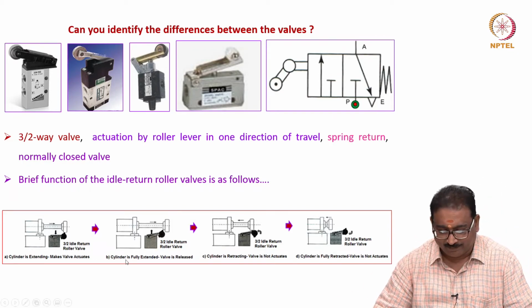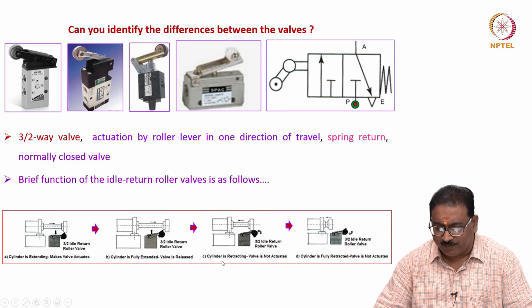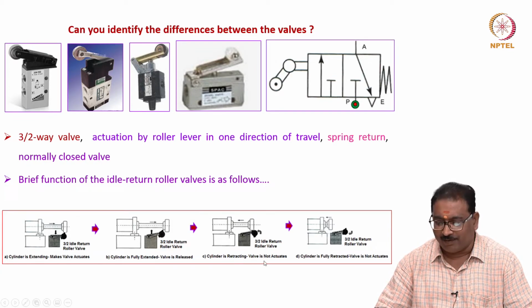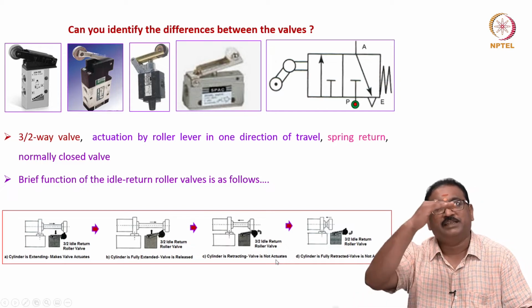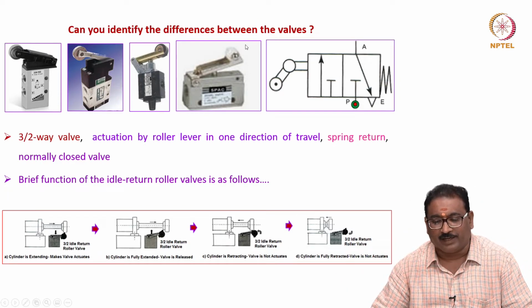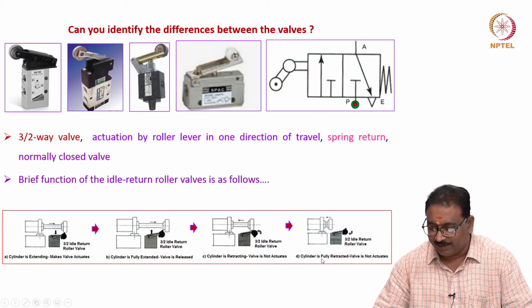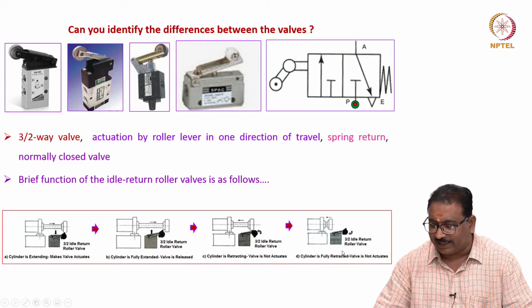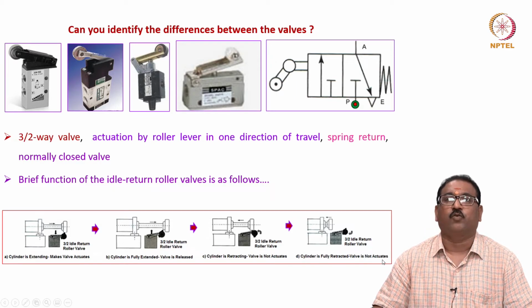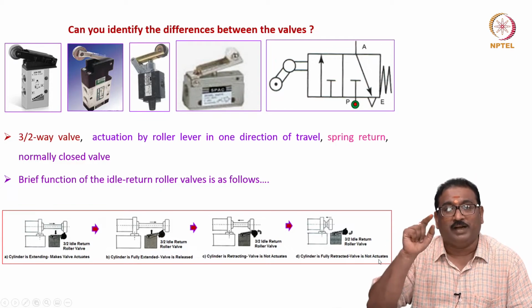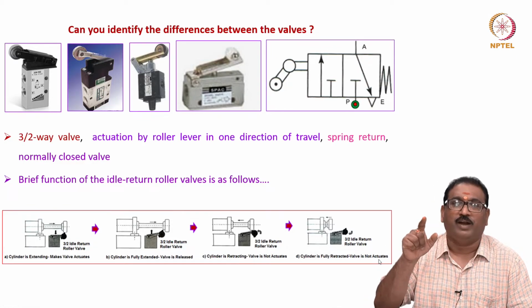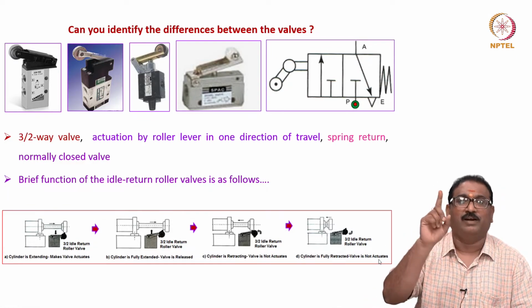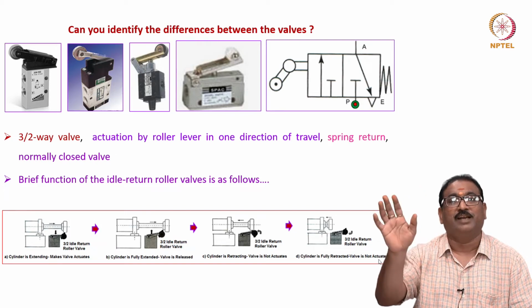See here. Then when returning, what happens? The cylinder is retracting, the valve does not actuate, it slides over it. Then the cylinder is fully retracted, the valve is not actuated, meaning it works in only one direction. Momentarily when it fully extends, it will actuate, then it will release.